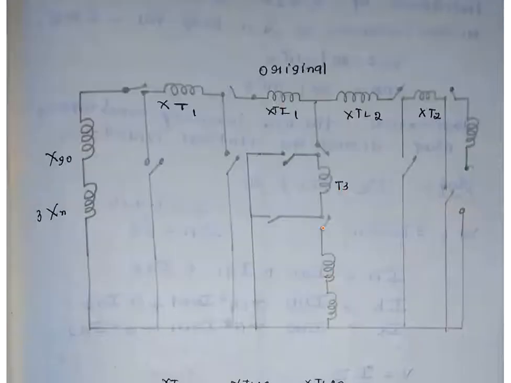Again this is my generator 2, which is connected to transformer 3, and again there are two switches for this, two series and two parallel, and this is again my transmission line, and again this is my generator.